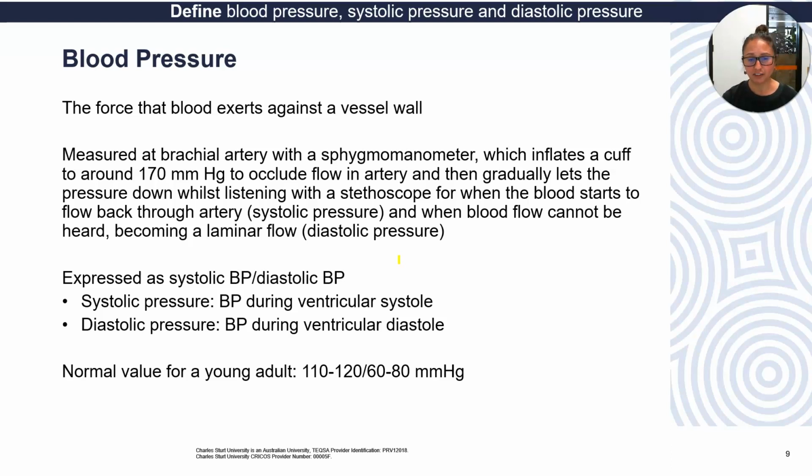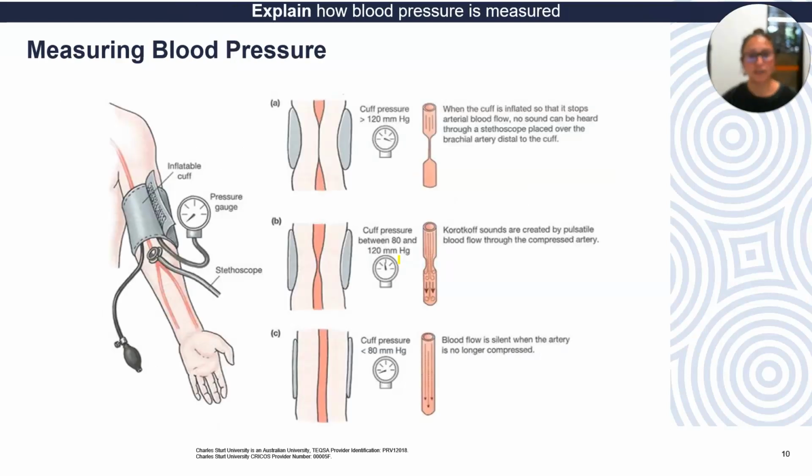And we have two values, like I've said to you there. So we measure blood pressure with this device that uses millimeters of mercury as their unit. So you know what that unit means now. And you're going to have lots and lots of practice in measuring blood pressure.